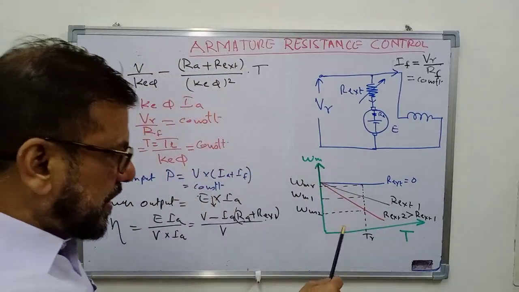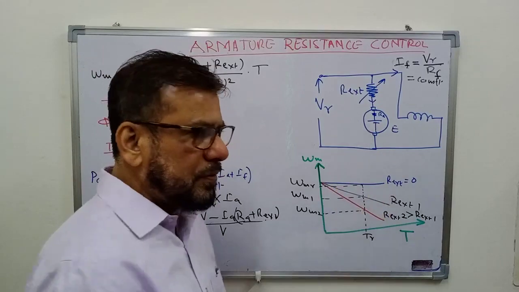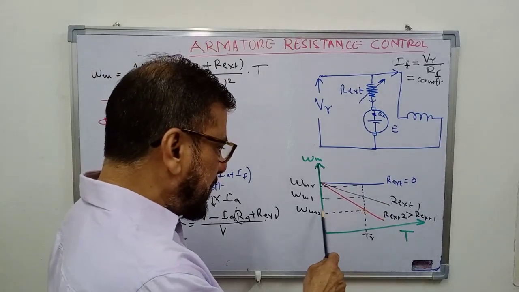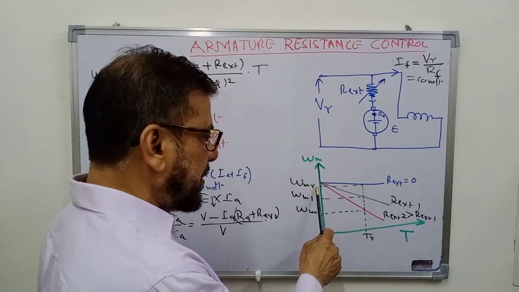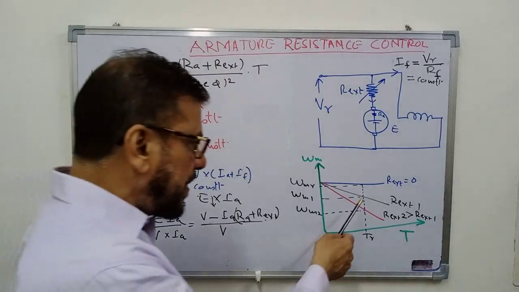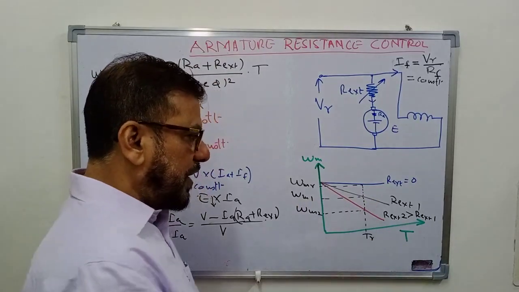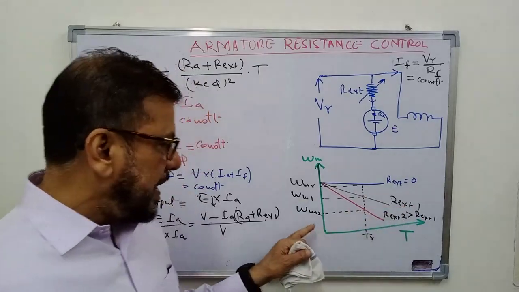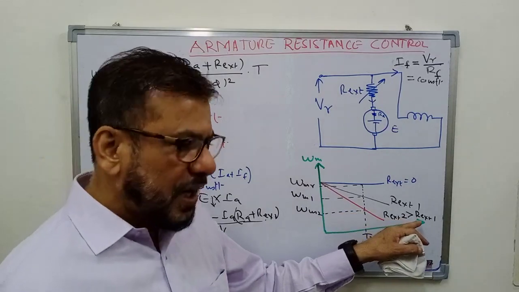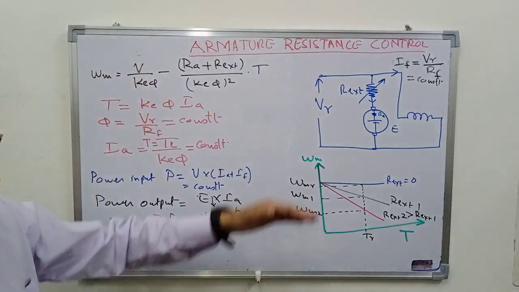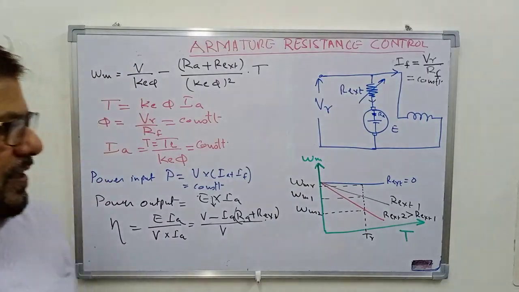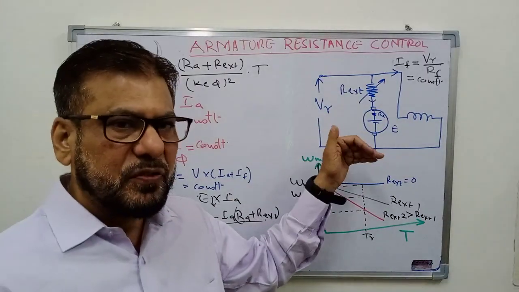And if you have connected a torque to the motor which is equal to rated torque, the motor speed will be equal to omega mr for the rated condition, that is no external resistance is there, and it will reduce to omega m1 for Rext1, and it will reduce to omega m2 for Rext2, which is greater than Rext1. So as we increase the resistance in the armature circuit, the speed of the motor will go on decreasing. So in that way you can control the speed of the DC motor.